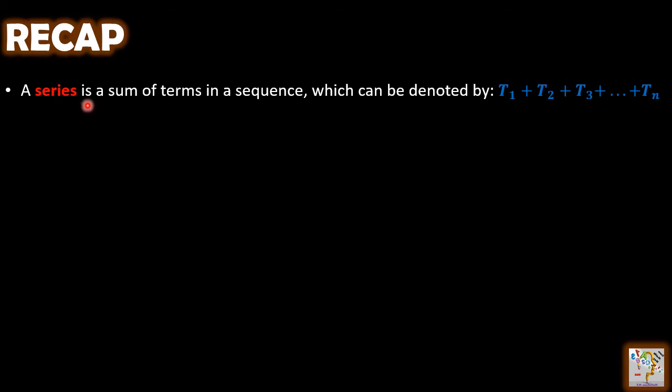The difference between a series and a sequence is that a sequence is terms separated by a semicolon, and a series is terms separated by addition, so there will always be a plus sign between any two successive terms.